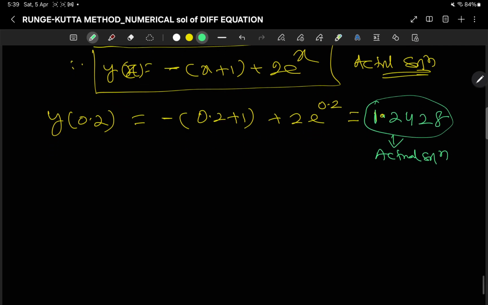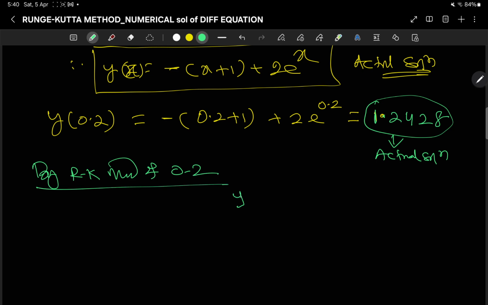Now let me solve it by using the RK method of order 2. So y dash is equal to f(x,y), and f(x,y) is equal to x plus y. x0 is equal to 0, y0 is equal to 1, h is equal to 0.2.